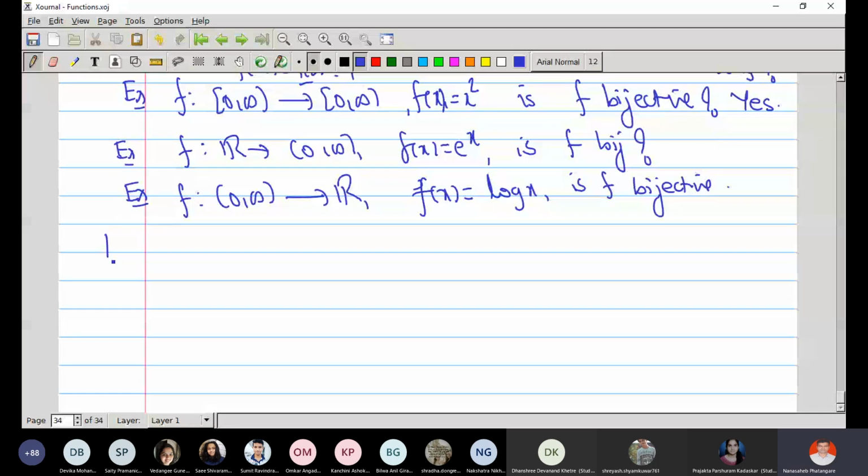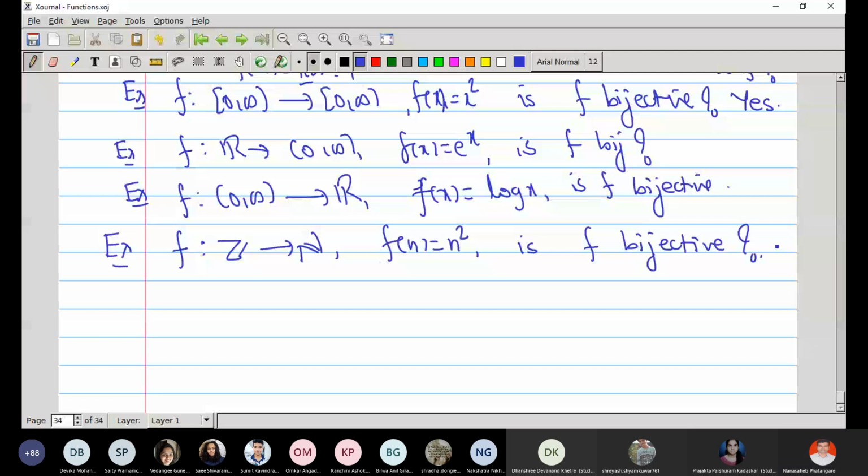Okay, so now if I define a function f from integers to natural numbers, f of n is equal to n square, then is f bijective? No, right?